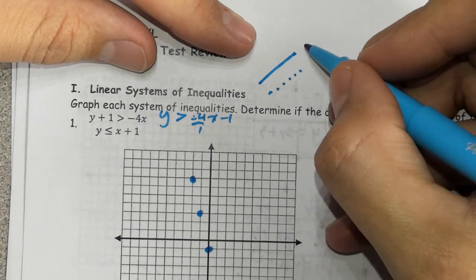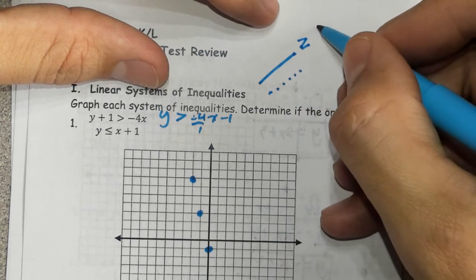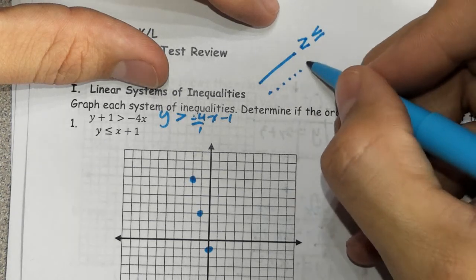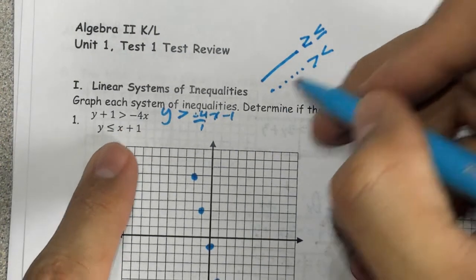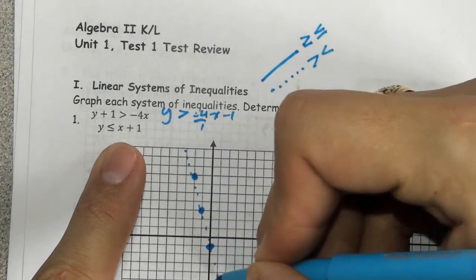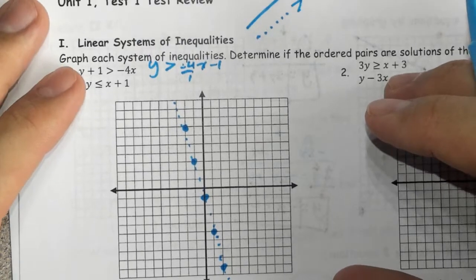Okay. If you have less than or equal to, greater than or equal to, you have a solid line. If you have greater than or less than only, it's a dashed line. This does not have the equal to part, so this is a dashed line. That means solutions are not on that line.